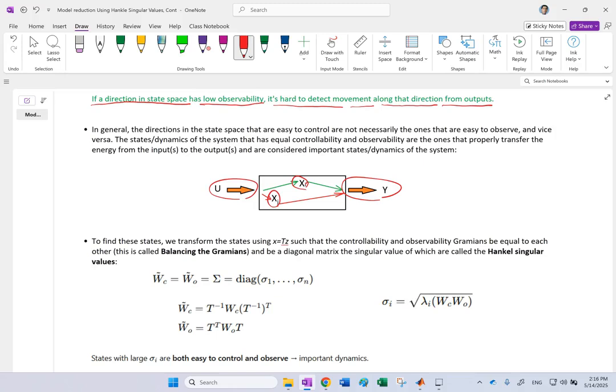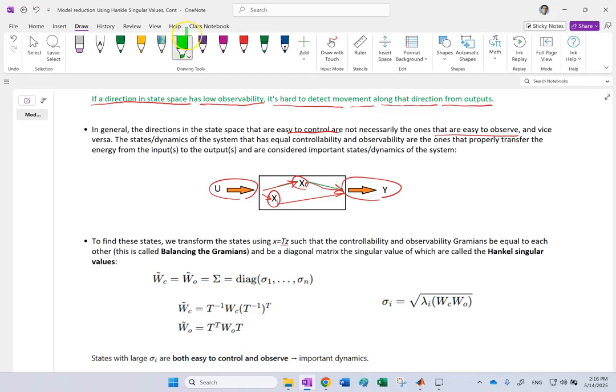Good? Now the thing is, not all of these states are easy to control and easy to observe at the same time. Some states are relatively easy to control, relatively easy to observe, and kind of the same ease, okay?